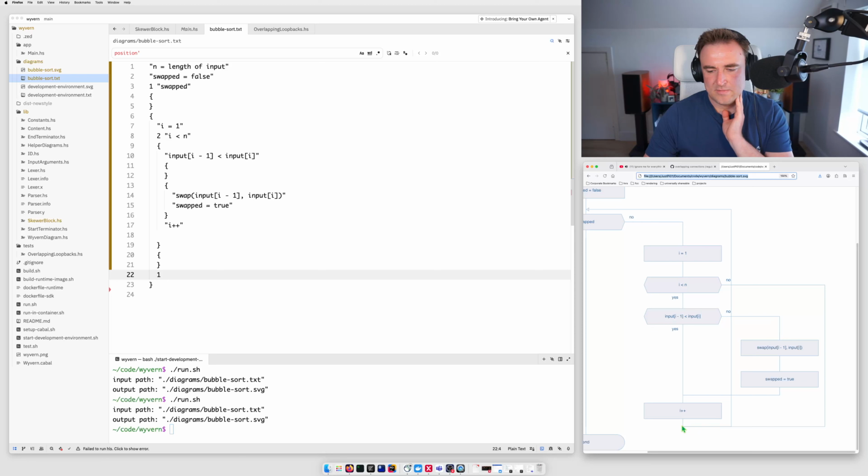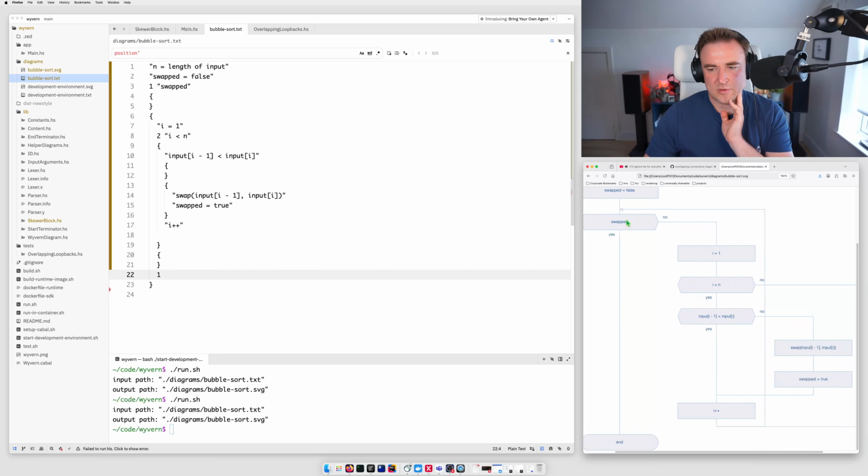And what we are expected to do is for the loopback connection to take us from this point all the way back to swapped. I think we can address it easily if we just push the loopback connections a little bit down.